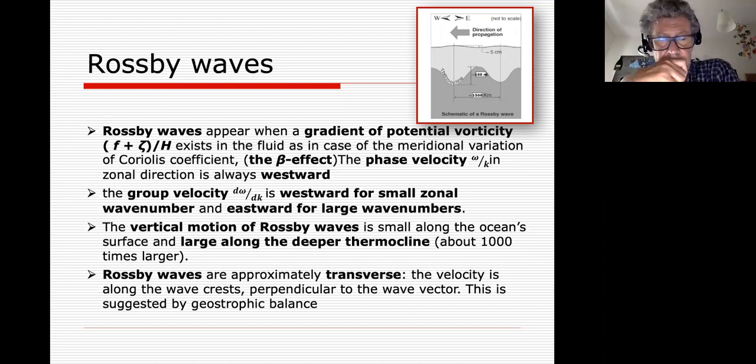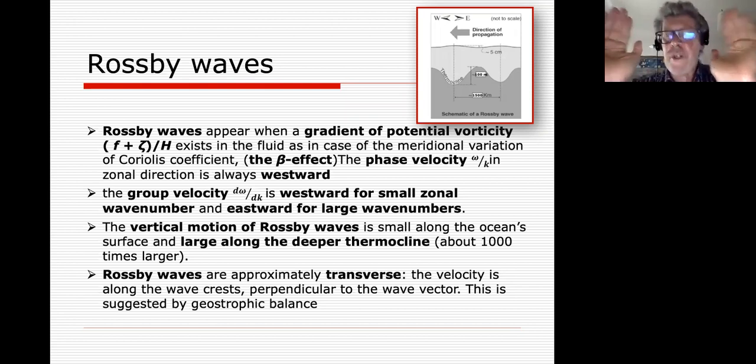And the Rossby waves are approximately transverse. I mean that the velocity is along the wave crest, perpendicular to the wave vector. And this means that most probably the waves are in geostrophic balance, more or less as the equatorial waves do.